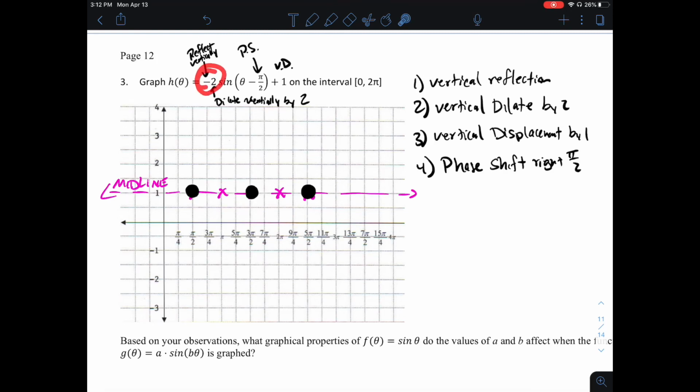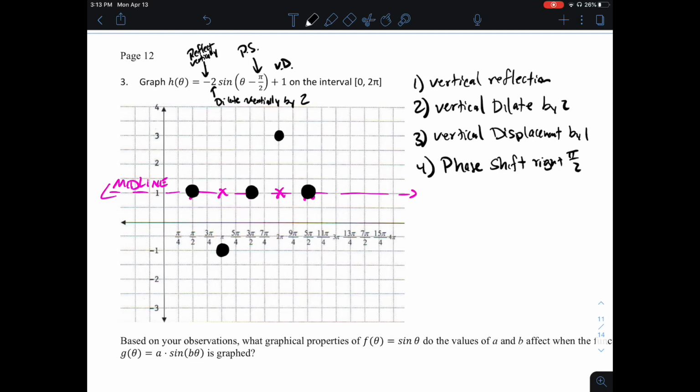But since this is a -2, instead of going up 1, we're going to go down 2. It's 2 because this is dilated by 2, and it's in the opposite direction because of this vertical reflection. So from the midline, we go down 2, and that puts us here. 3/4 of the way through, normally you go down 1, but since this -2 is a coefficient, we're going to go up 2.